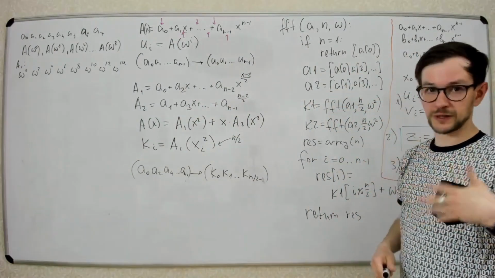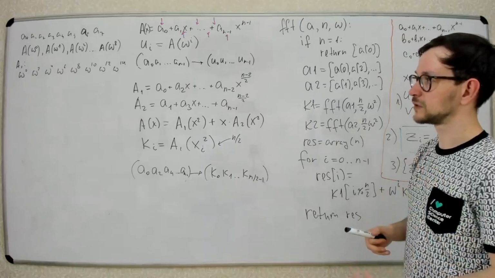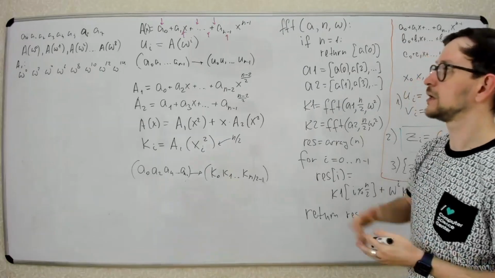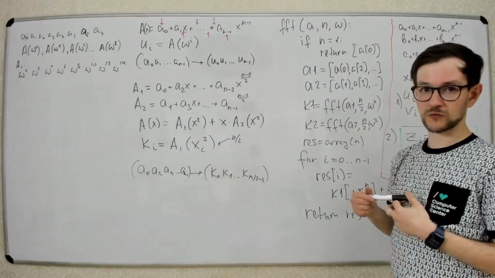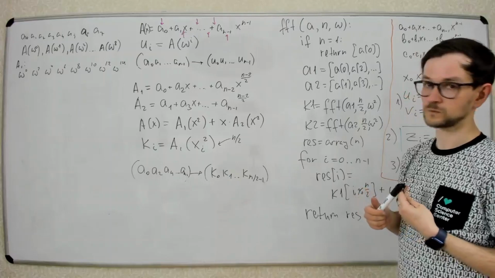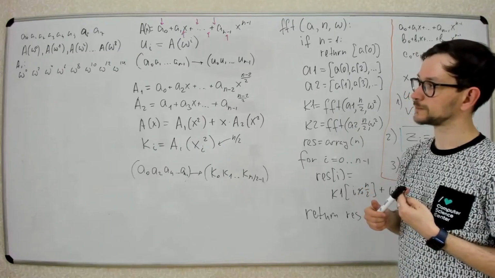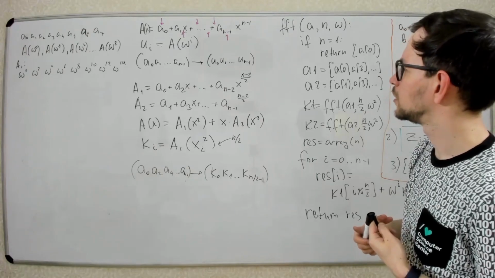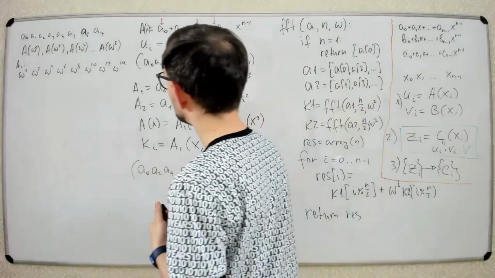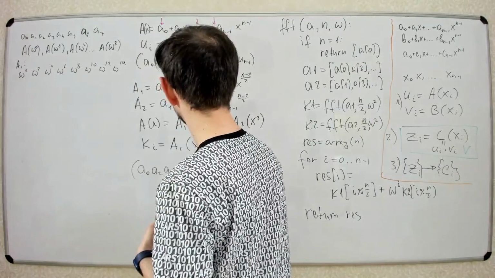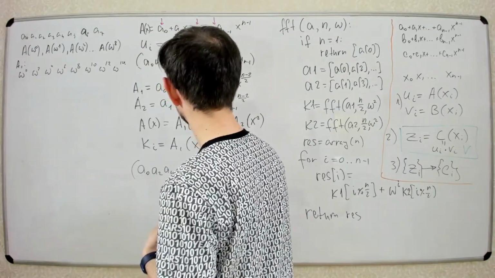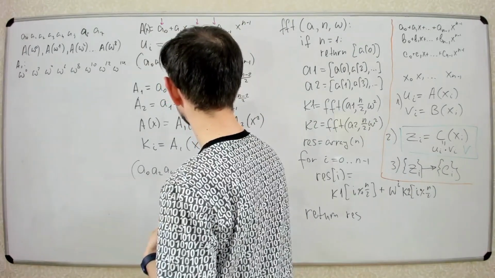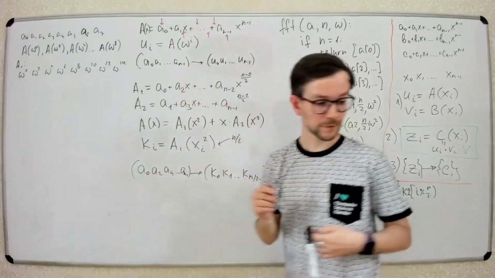So I need to calculate, again, the values of polynomial A1 for these powers. Right? That's right.